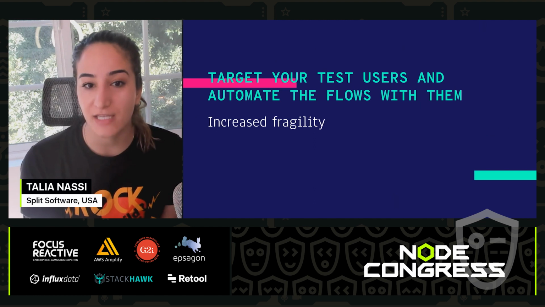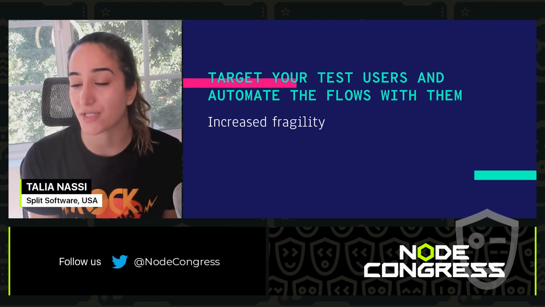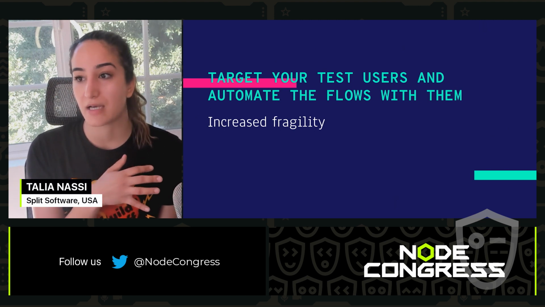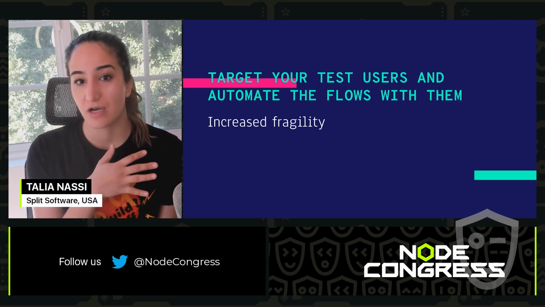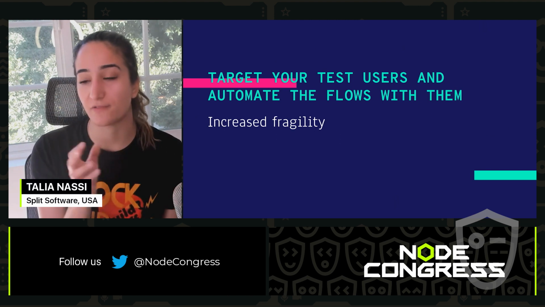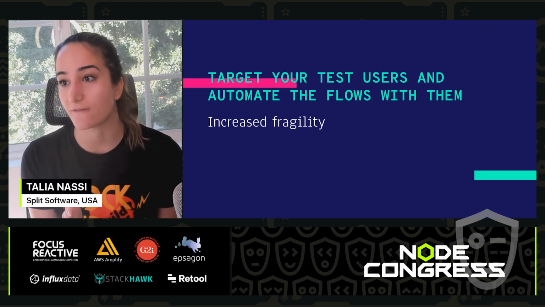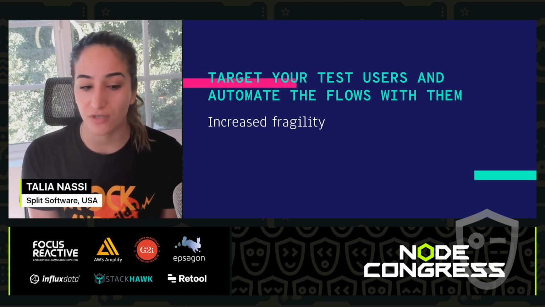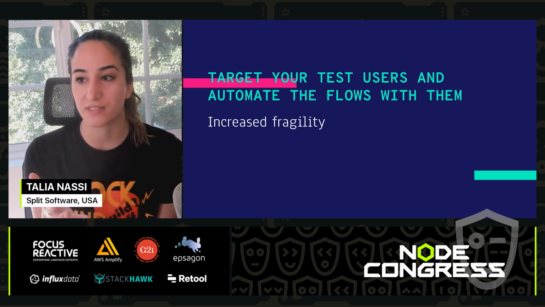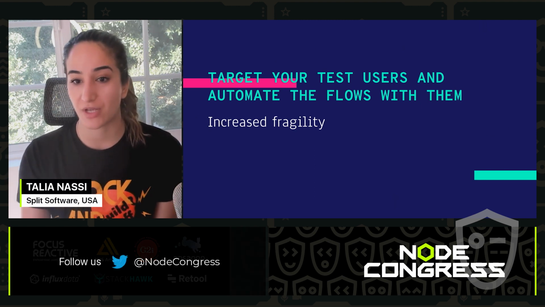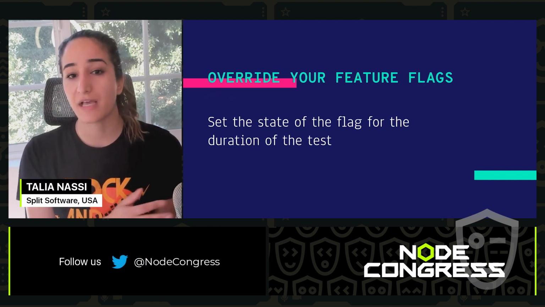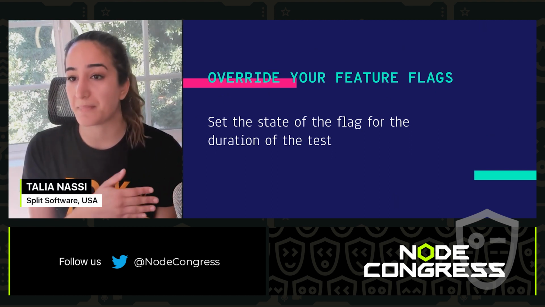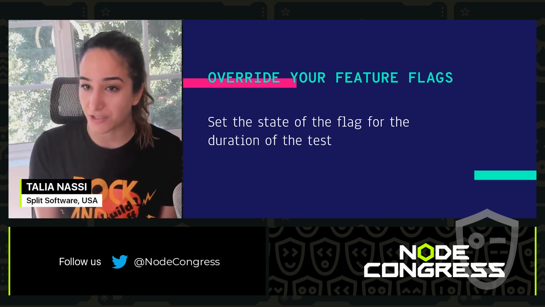The only downside to this approach is that there is increased fragility because if someone removes that user from the targeting list or from the allow list in the feature flag configuration, then your tests are going to fail. So you just have to make sure that if you add that user, that no one is going to remove it from the configuration.